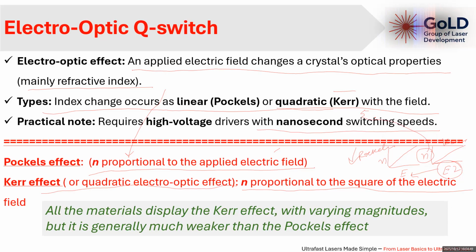People want to study the Kerr effect in different materials. You can take any material, and if you have some arrangement, you can apply a very high electric field and observe how much change in refractive index there is. The Pockels effect is more promising for this kind of switching because you don't need a very high electric field.